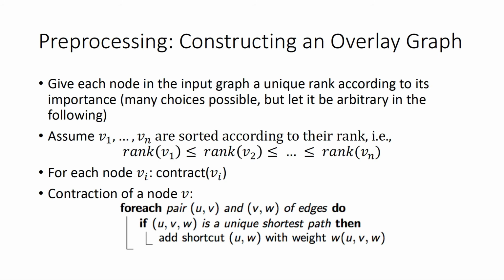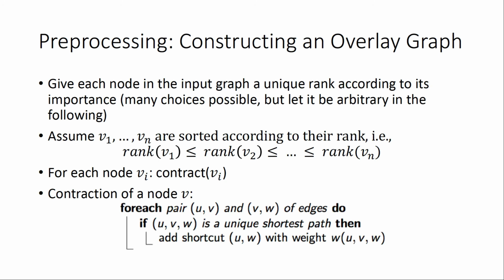Okay, and then the algorithm says for each pair of incoming edge and outgoing edge, check, is this path over node V a unique shortest path?